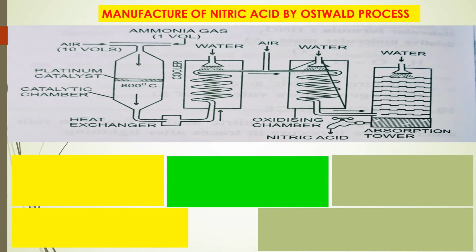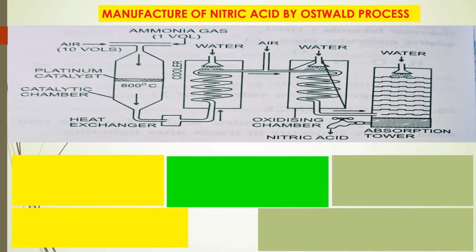So this is the arrangement made in the factories for the large-scale preparation of nitric acid. In this method, in the first step, the catalytic oxidation of ammonia is carried out.